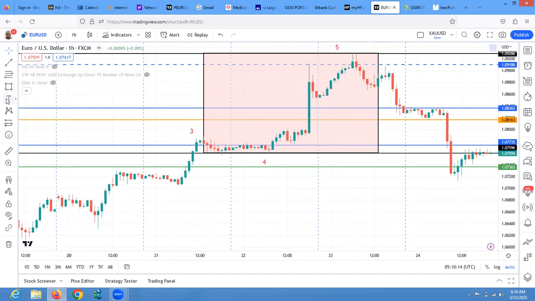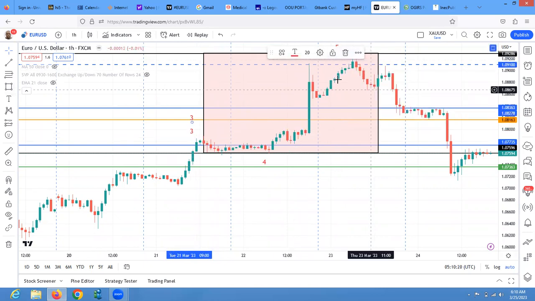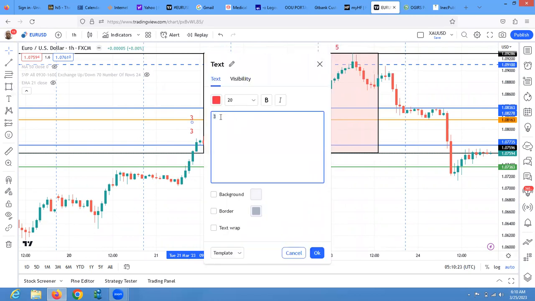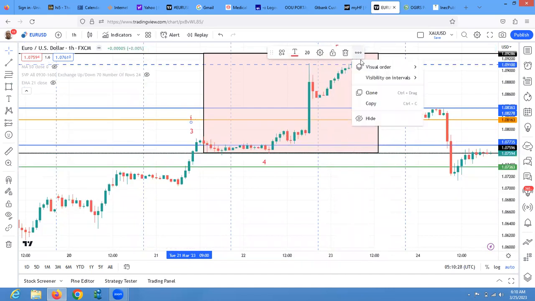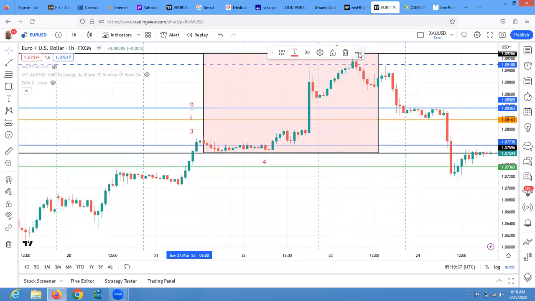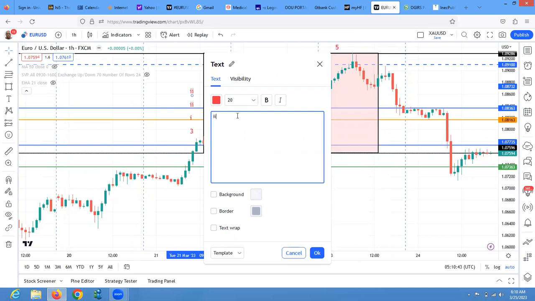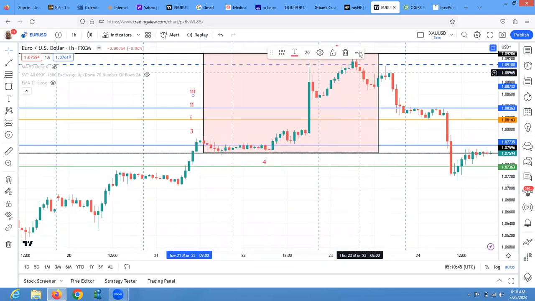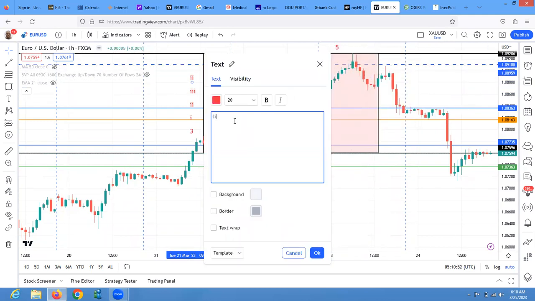The 5 is broken down this way. This is a 1. A 2. A 3. A 4. And a 5.